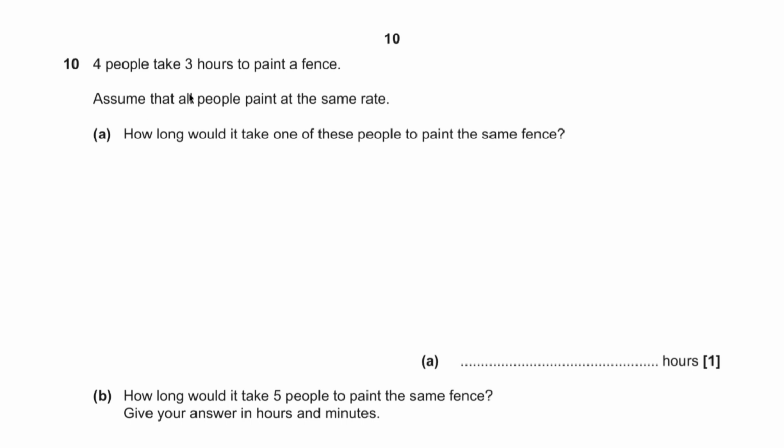Question 10. 4 people take 3 hours to paint a fence. Assume that all people paint at the same rate. Part A, how long would it take one of these people to paint the same fence? So I've got 4 people who take 3 hours.